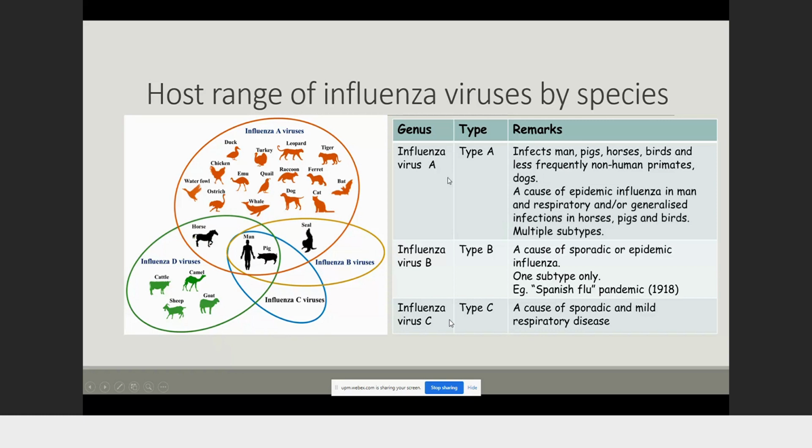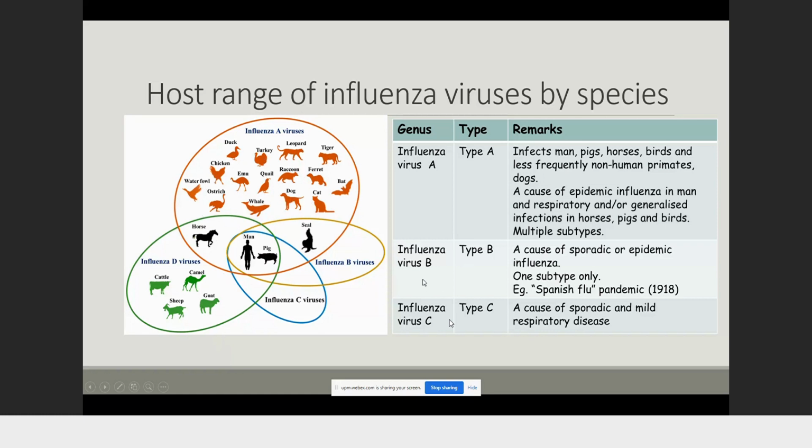Basically, in influenza A, most of the time it causes epidemic influenza in man, and respiratory or generalized infections in horses, pigs, and birds, and it exists in multiple subtypes. You can see why it exists in multiple subtypes, because the range of hosts varies a lot.